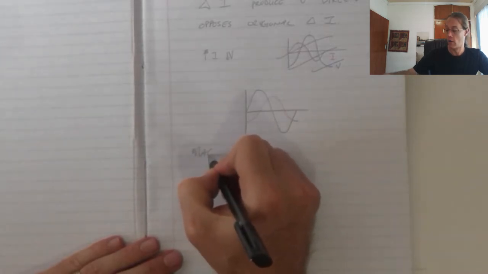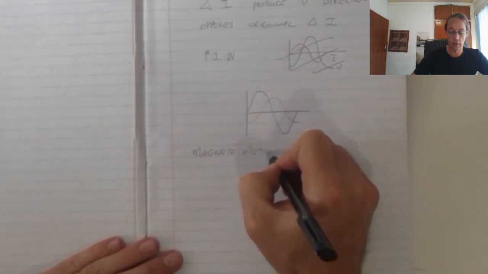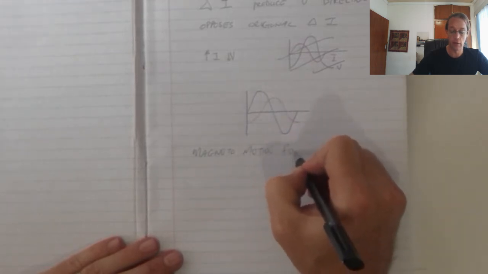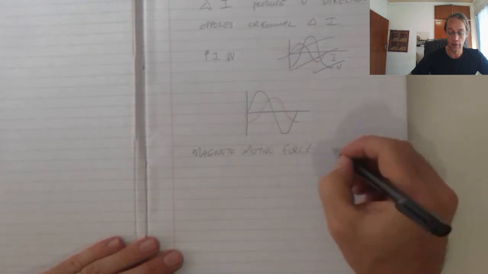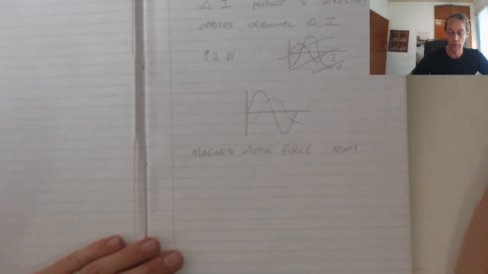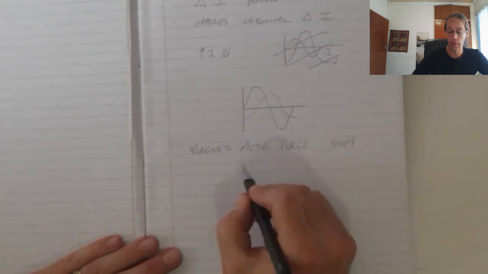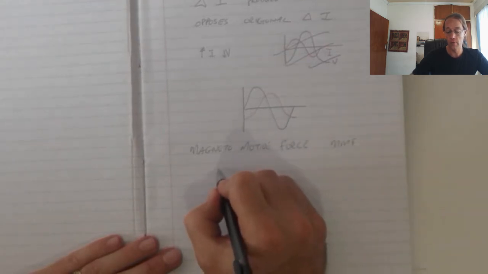Next, magneto-motive force, or MMF. Magneto-motive force is the field strength that is going to be developed when I pass current flow through a conductor.